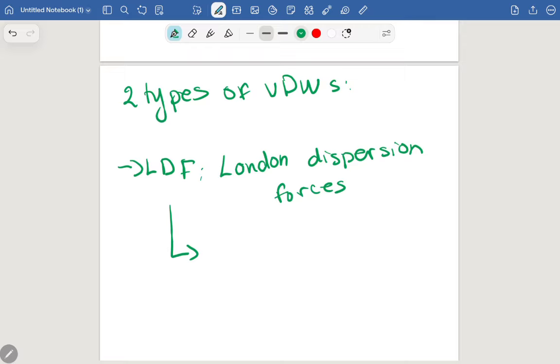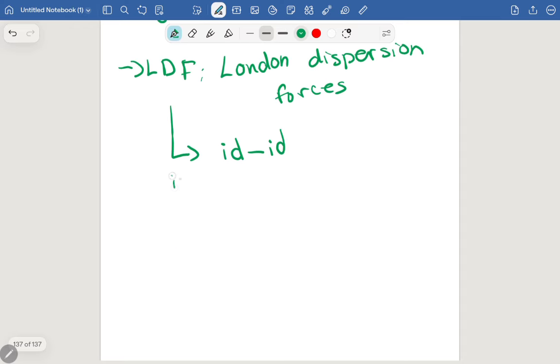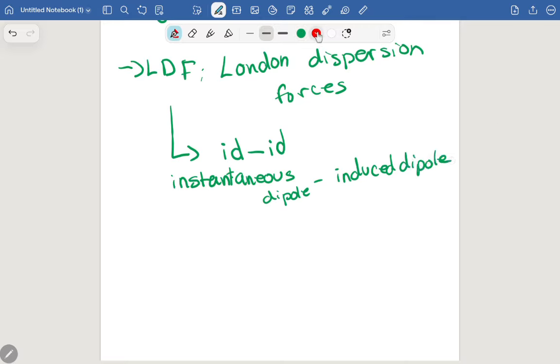It is the instantaneous dipole induced dipole. Before we get into the other type of van der Waals, let's focus on the London dispersion force. It is the weakest force ever found in a molecule, and of course, the only bond being the instantaneous dipole induced dipole, it's going to be very weak.